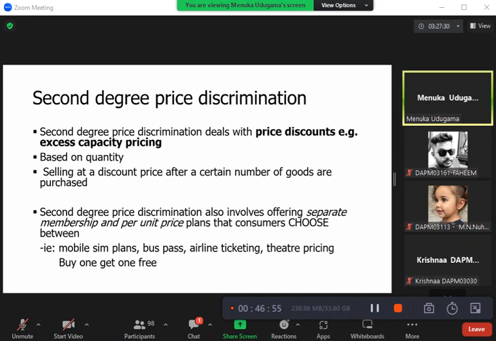Second degree is called excess capacity pricing. Can you think of any examples? So it says excess capacity pricing. It's based on quantity. For example, selling at a discount price after a certain number of goods are purchased. So if I take an example, the airline industry, right, or the movie tickets or theater tickets.